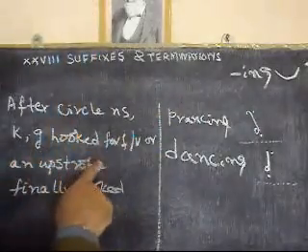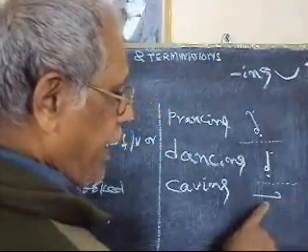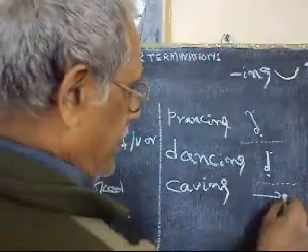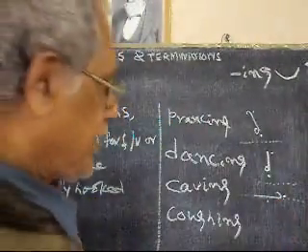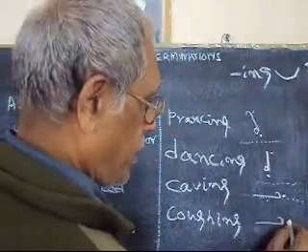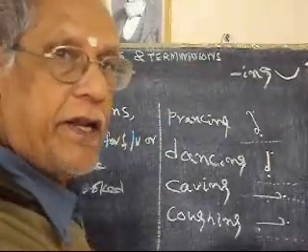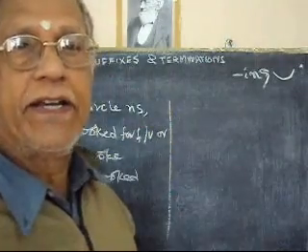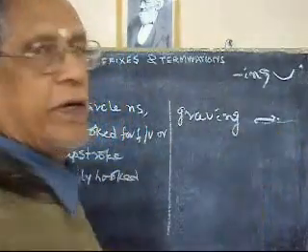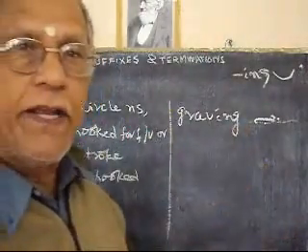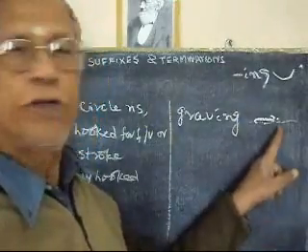Then K or Gay hooked for F or V: caving, K hooked for V. Coughing. So write the stroke and put the dotting, then put the vowel sign. Graving. So after K or G hooked for F or V, you can use dotting.